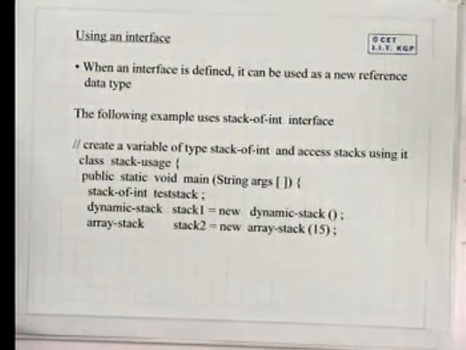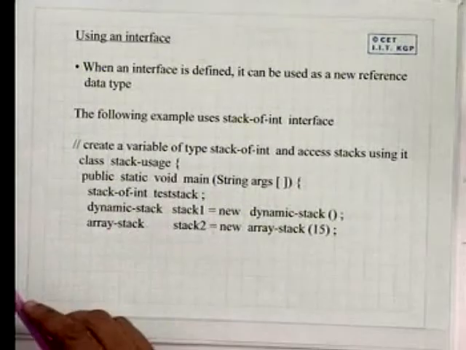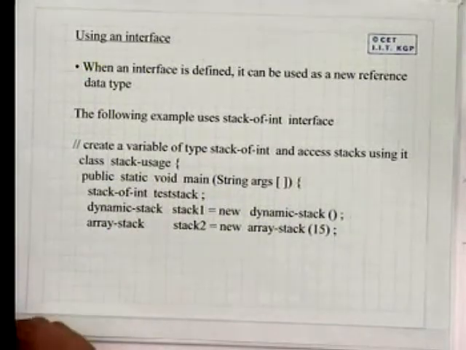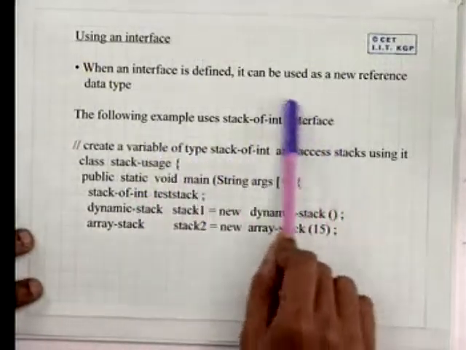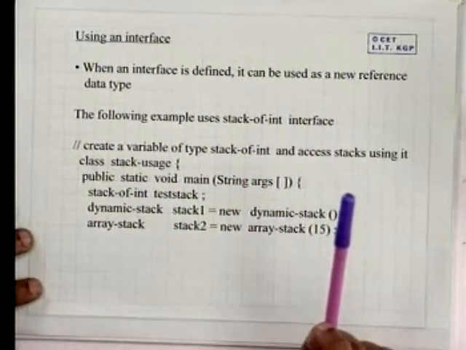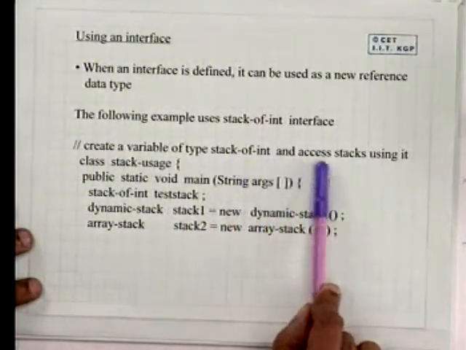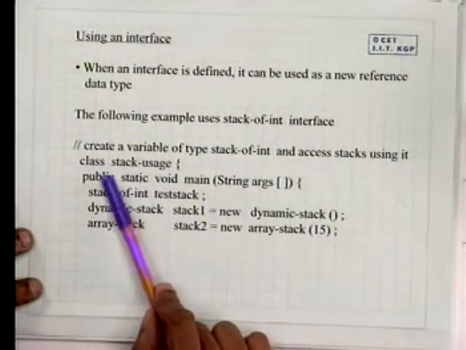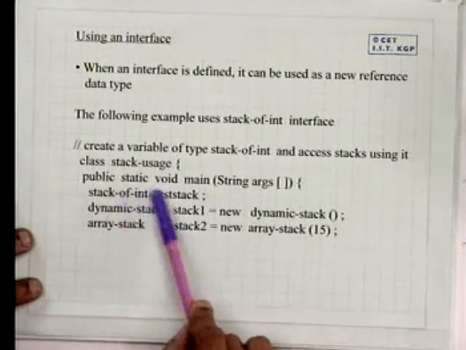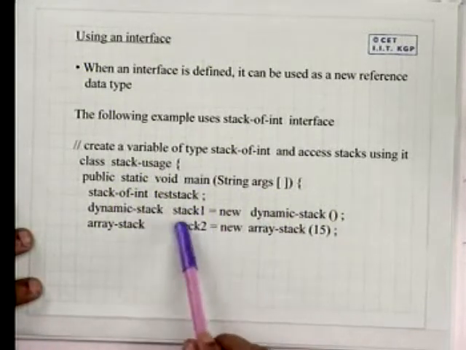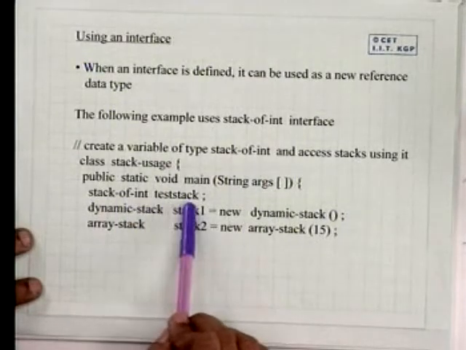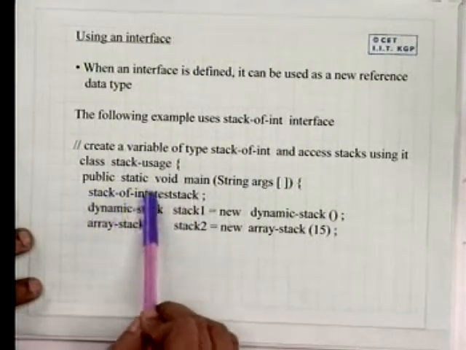Like we had a class, we can itself treat it as a new reference data type, and this example shows how I use a stack of int reference. So first we create a variable of type stack of int and access stacks using it. So this is a class stack usage. Here in this code, what we are doing is stack of int test stack. Test stack is of type stack of int.